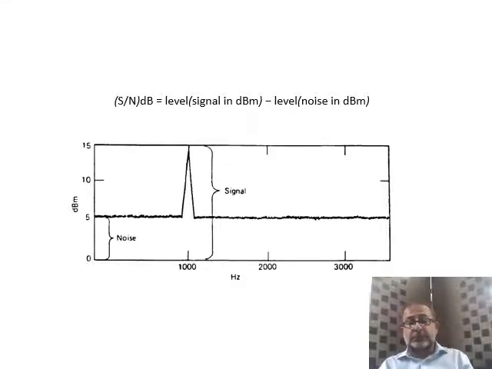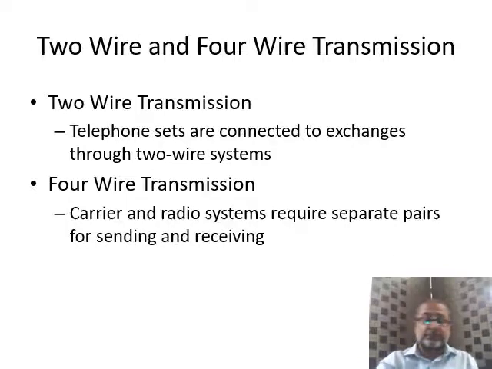So the signal to noise ratio is the signal level given in dBm minus the noise level in dBm. When we subtract the noise level in dBm from the signal level in dBm, we get the value of signal to noise ratio in terms of dBs.